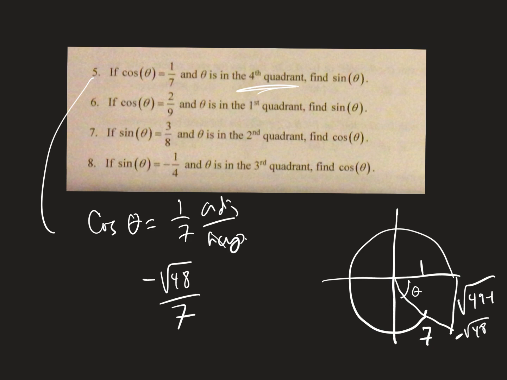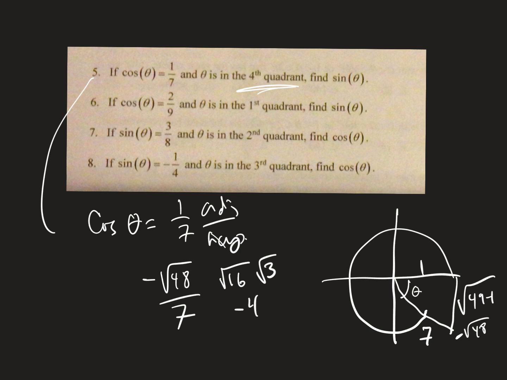I'm going to go just a little bit further just in case I throw a multiple choice question at you and you won't see that answer. What you'll see is this. Square root of 48 is the same thing as 16 times 3. So the square root of 16 times the square root of 3. The square root of 16 is 4.